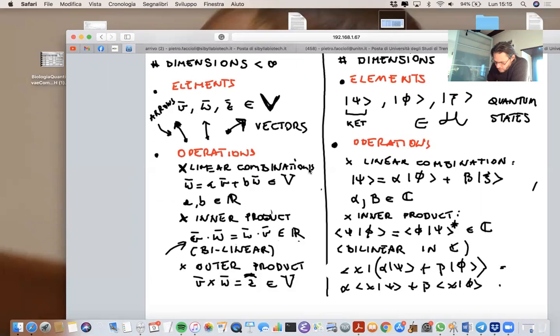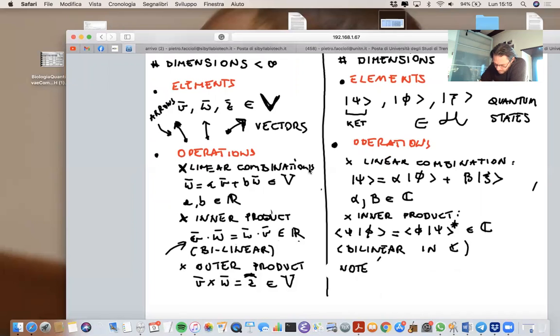Note that the inner product of psi with psi is always real, because it is equal to its complex conjugate, because of this property here.